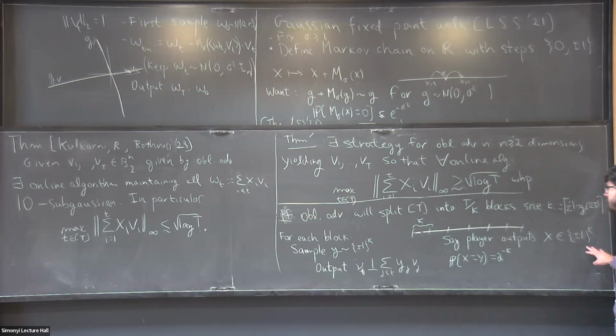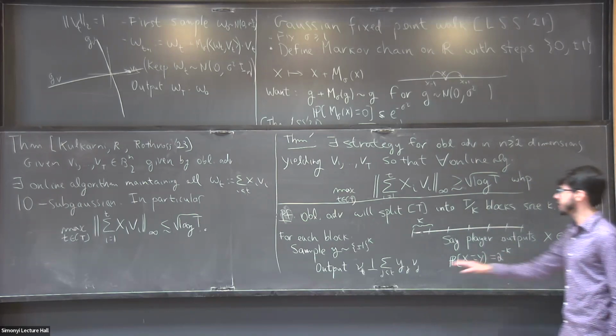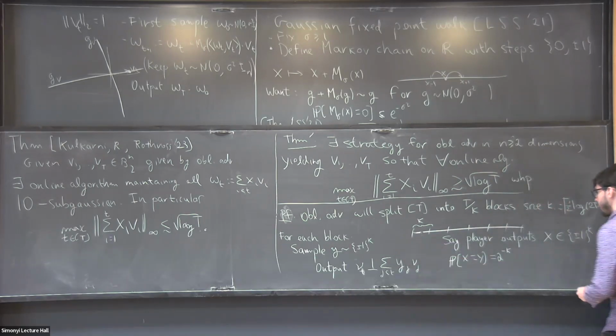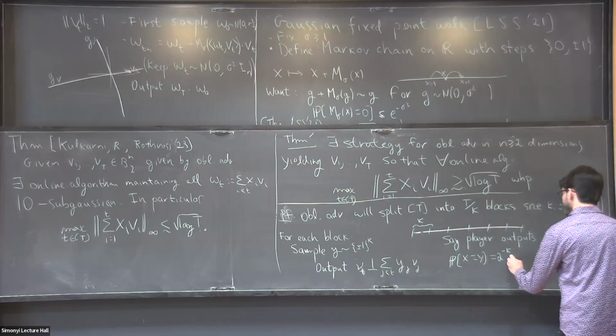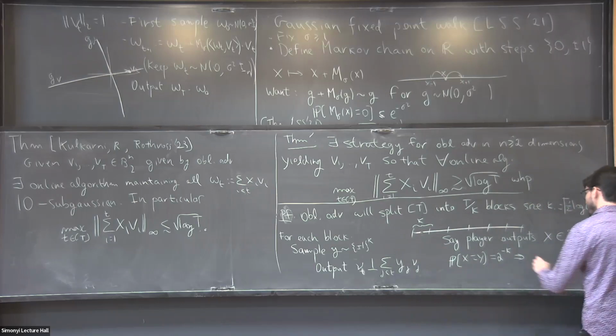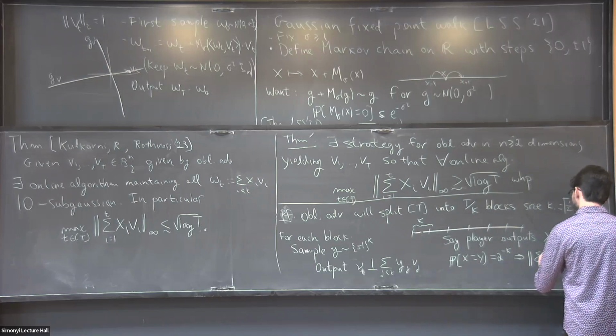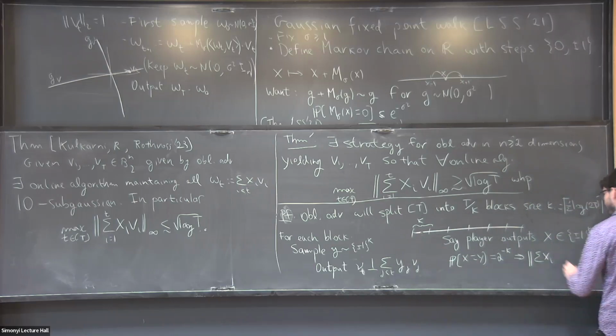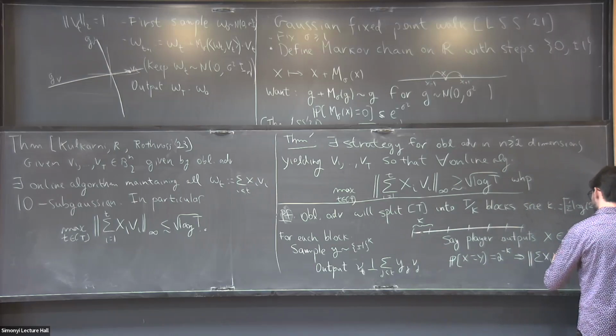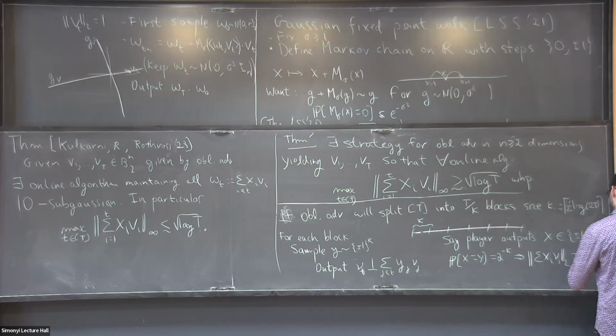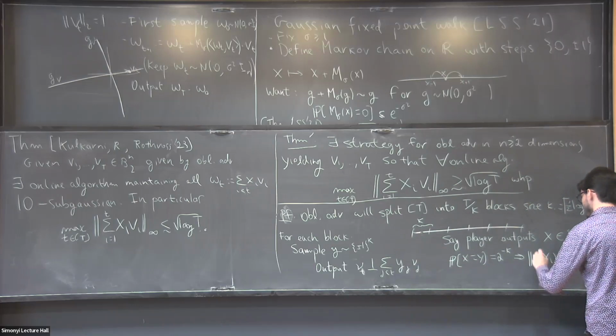Each sign has a probability of 1/2 of being the same, and so there's this probability of them being equal. And if this happens, then by the same idea as the adaptive adversary, this will be large. Well, not large, but not too small.